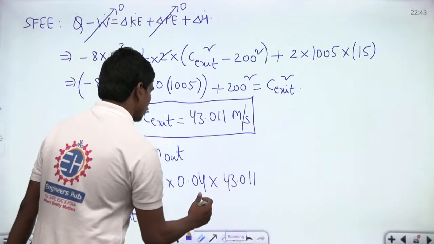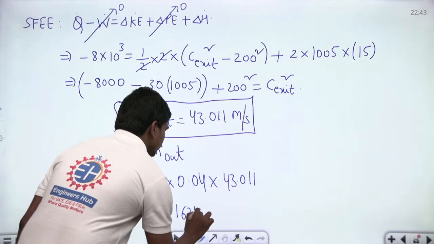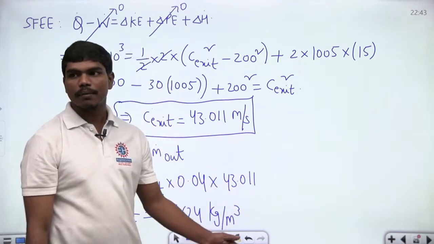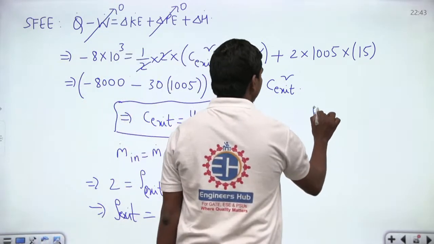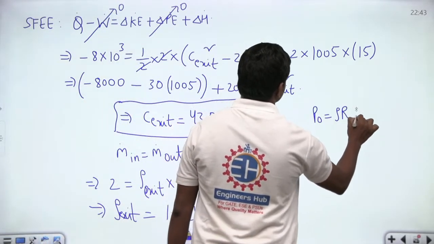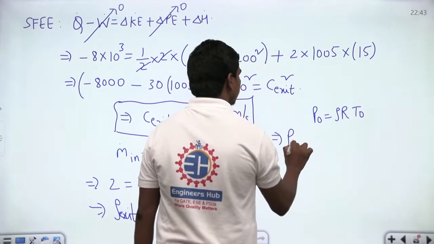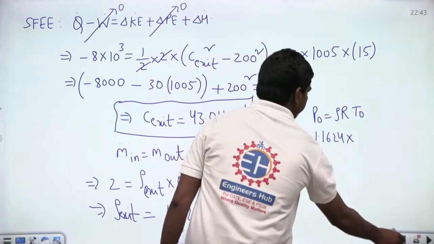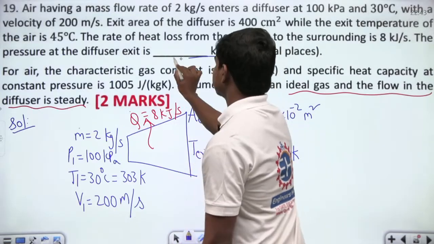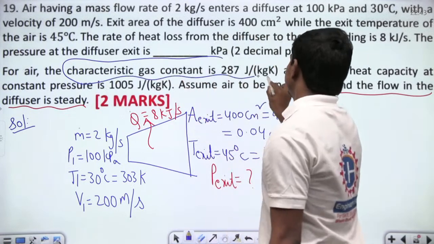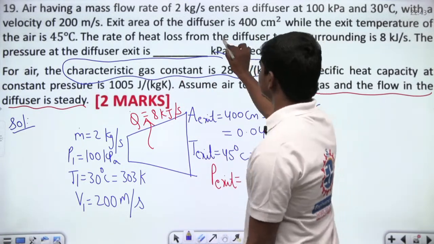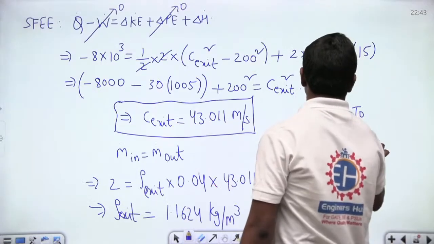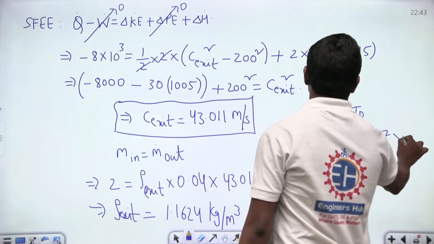So 1.1624 kg per meter cube. Since this is an ideal gas, we can apply the ideal gas equation. So P is equal to rho R T. This P can be calculated from here, which is rho, which we already have, 1.1624, into the characteristic gas constant given here, 287, or since the answer is in kilopascals, let us enter this in kilojoule per kg Kelvin, so 0.287, into exit temperature.